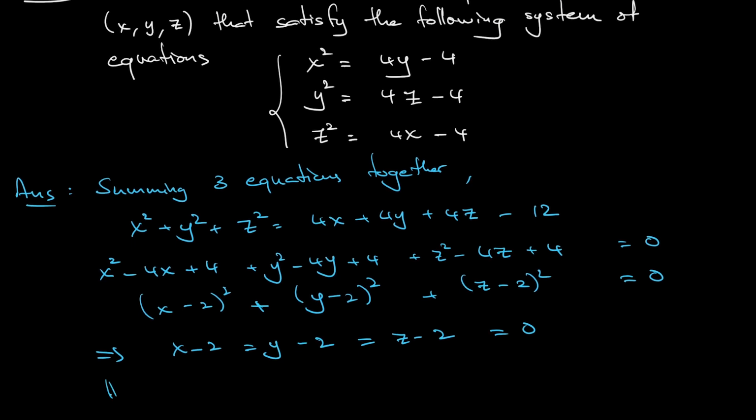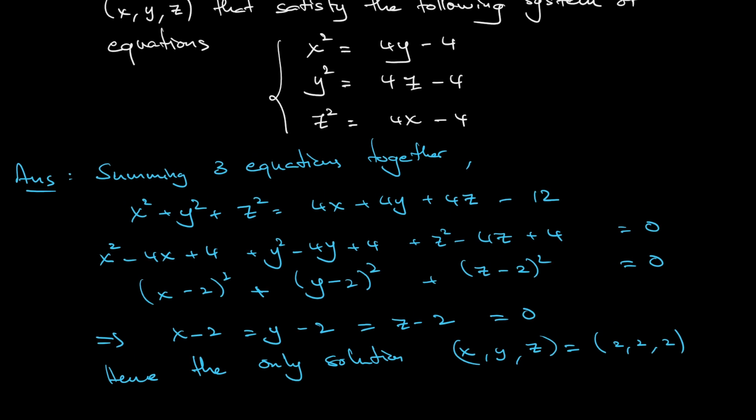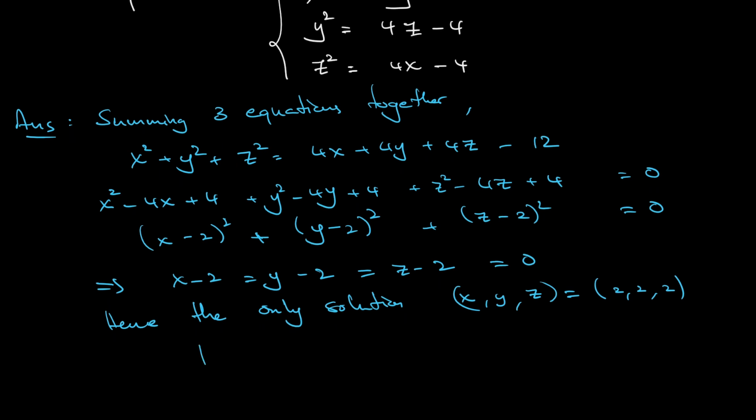So that means hence the only solution is x, y, z respectively will be just 2, 2, and 2. So to answer the question of how many triples there are, there is exactly one triple, which is 2, 2, 2. So the answer will be 1.